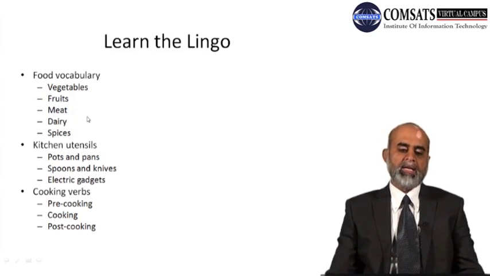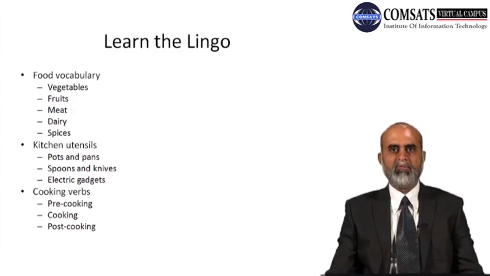Meat, and in meat you have chicken, you have lamb, you have mutton, you have beef, and Muslims don't eat pork, but in English you would have lots of recipes that have ham or pork in it. Okay, dairy, lots of dairy products like eggs and yogurt and cheese and milk, etc., etc.